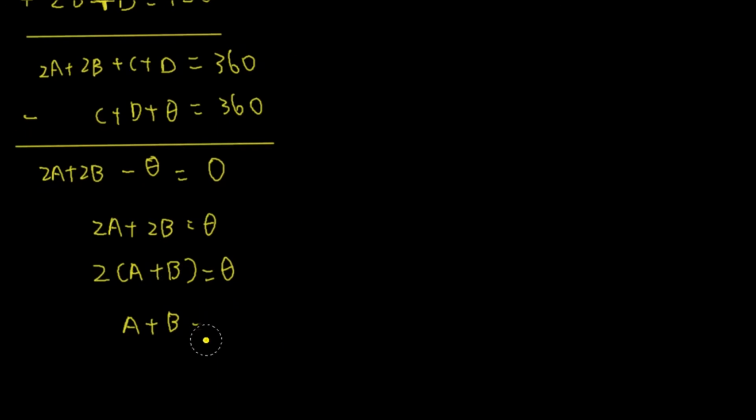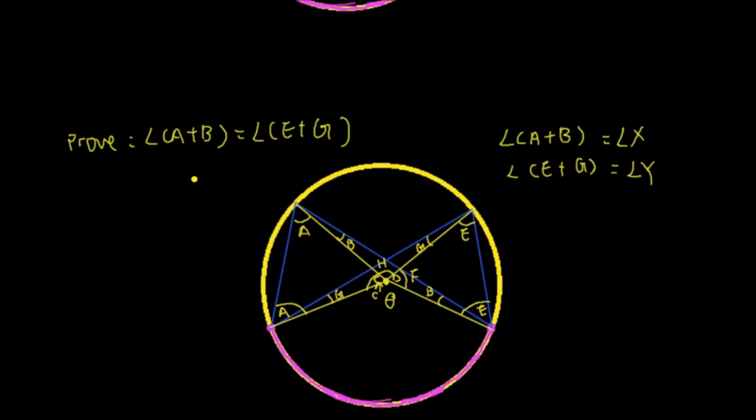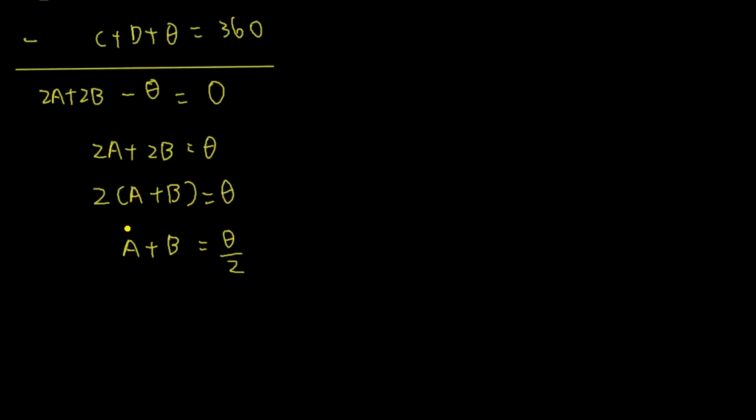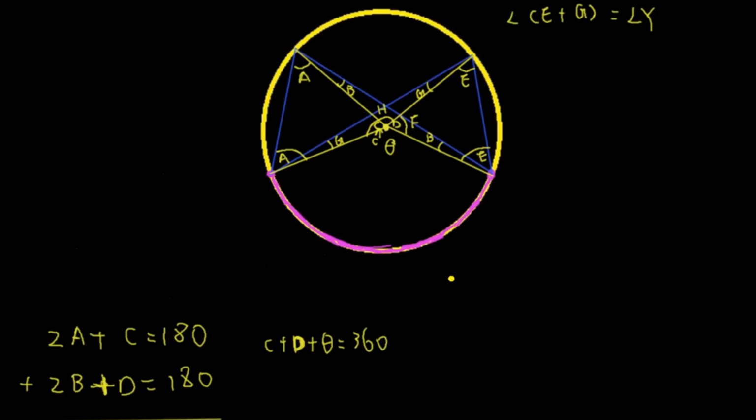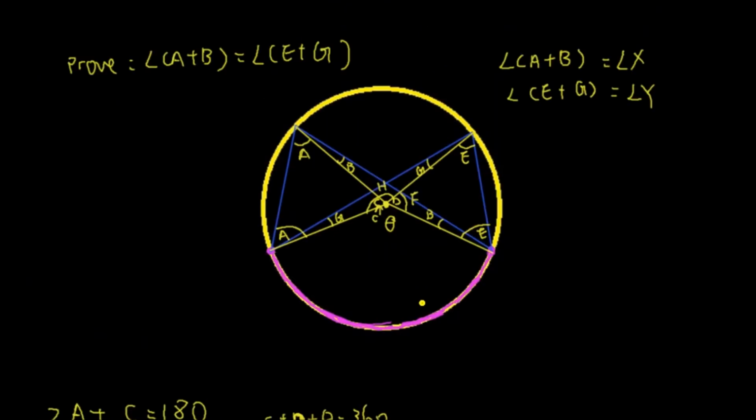So that's theta over 2. What we're doing here is finding what angle A plus B is. So we can say that angle A plus B is equal to theta over 2. Okay, so let's look at this side here.